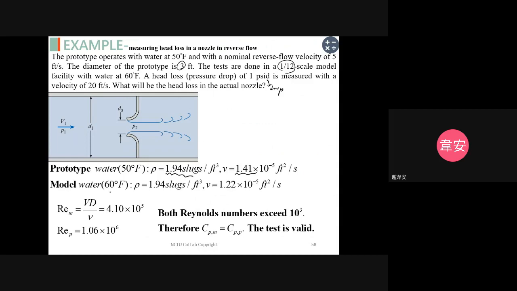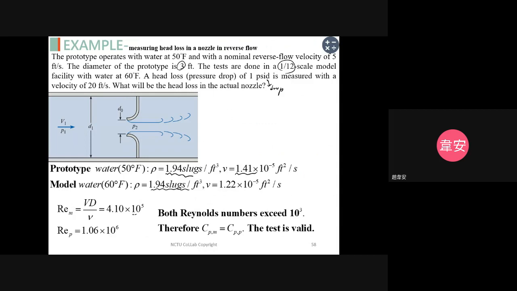And the model, because we have different water temperatures, is at 60 degrees F. We see that the density is the same, but a little bit different for the kinematic viscosity, 1.22 multiplied by 10 to the minus 5 power. So we calculate the Reynolds numbers for the model and the prototype individually. We see very clearly they are not the same for the Reynolds numbers.